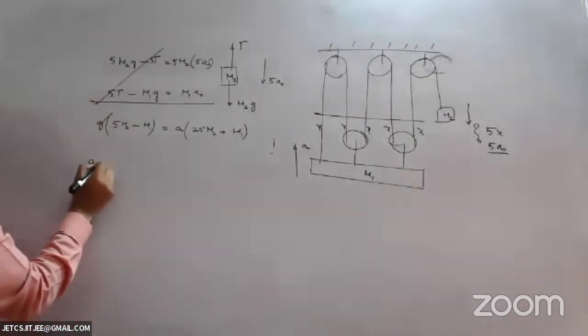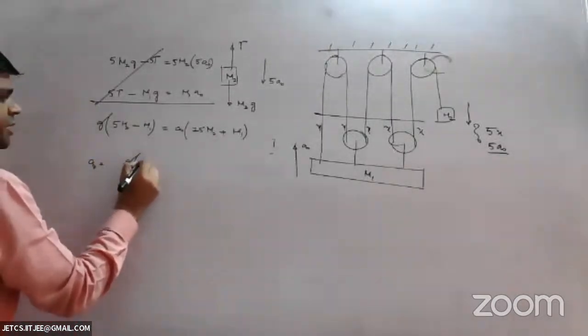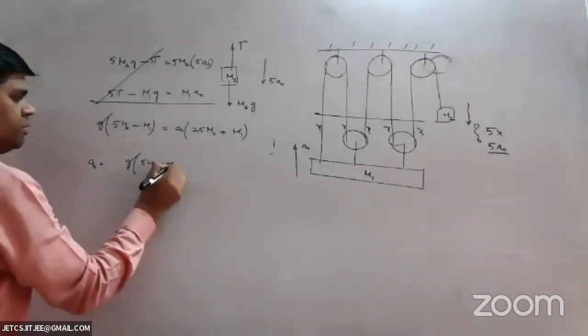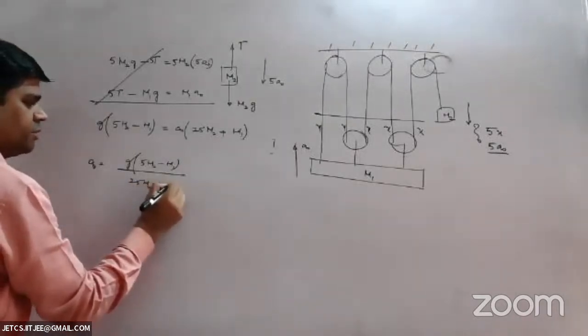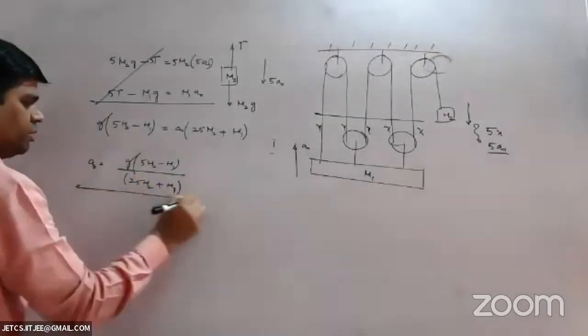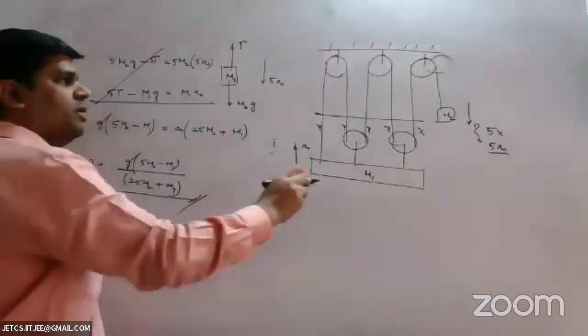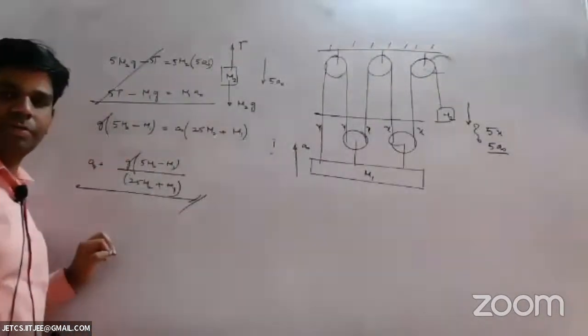So A naught is equal to G times of 5m2 minus m1 by 25m2 plus m1. I got A naught, acceleration of m1, acceleration of m2 is 5a naught.